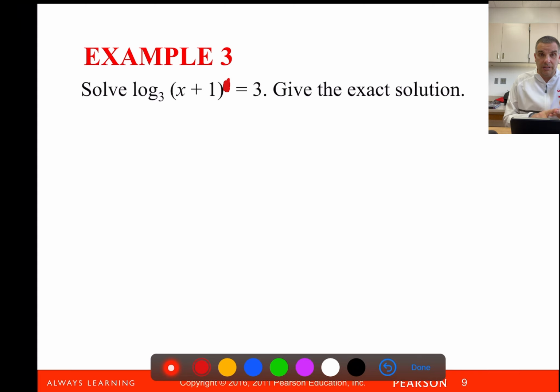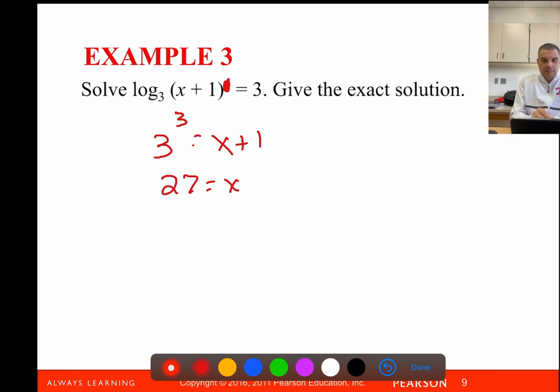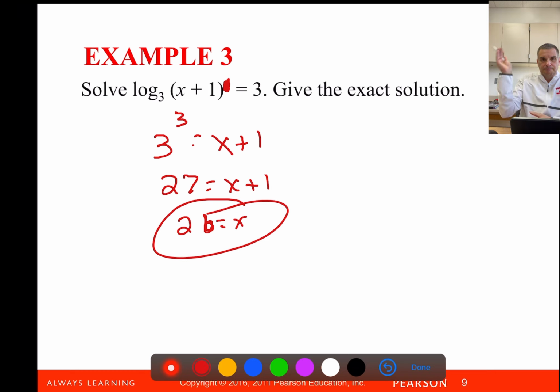So we need to deal with it by changing it from a logarithm to an exponent. My base is 3, so this would be 3 to the third equals x plus 1, because we changed the problem. 3 times 3 times 3 is 27. Subtract 1. 26 is equal to x. Done. And you move on to the next question.